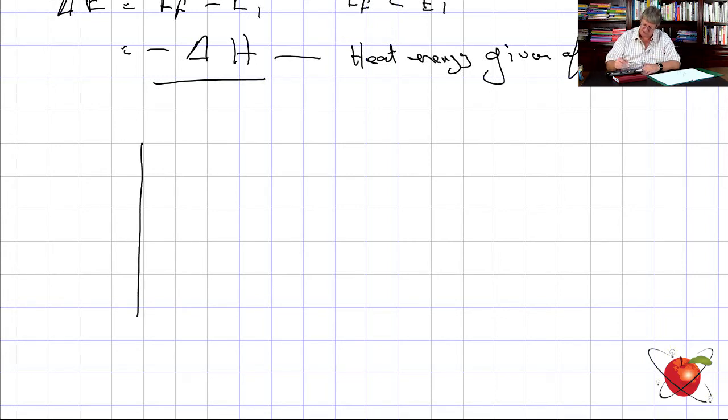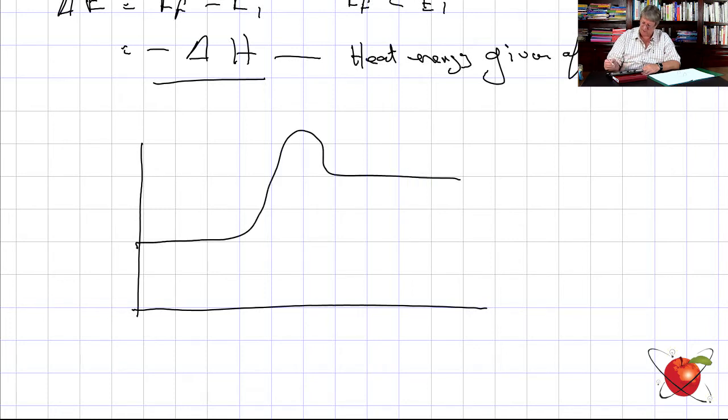All right? And the next curve is the endo curve, isn't it? Right? So this is E final. Sorry, my bad. This is E initial. E initial. This is E final. And delta H, we said, is E final minus E initial.